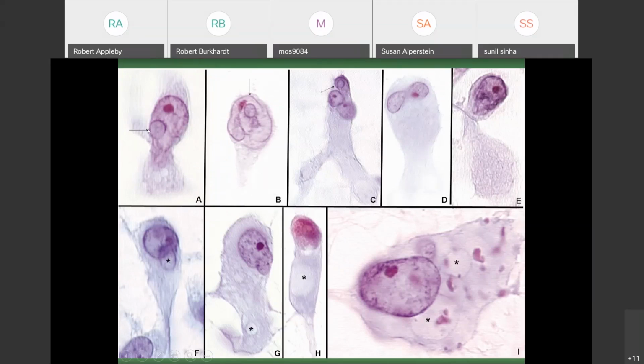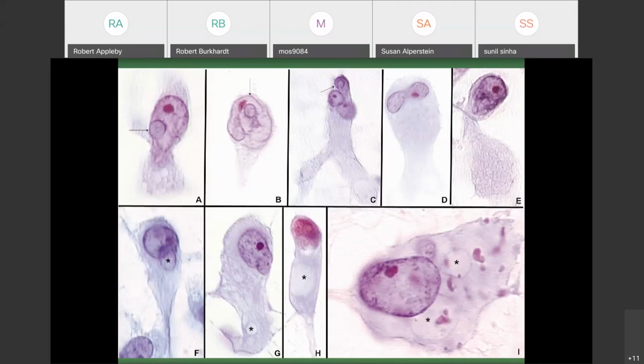And then the composite of the tumor cells shows intracytoplasmic lumina. Very beautiful cells. And this case is really difficult to diagnose by cytology.